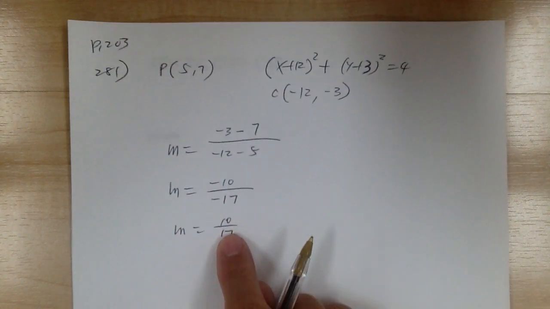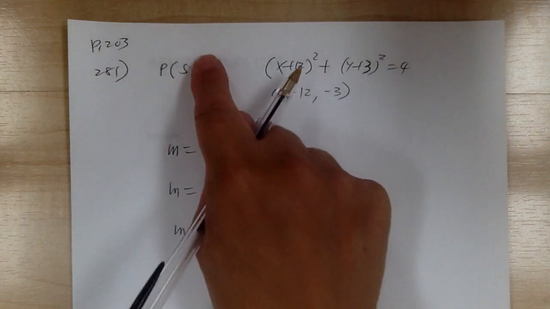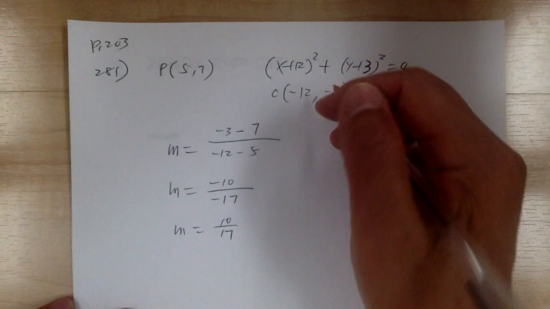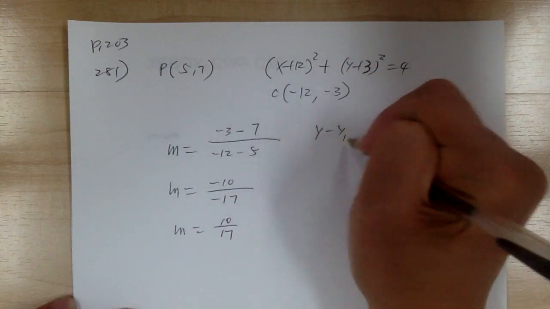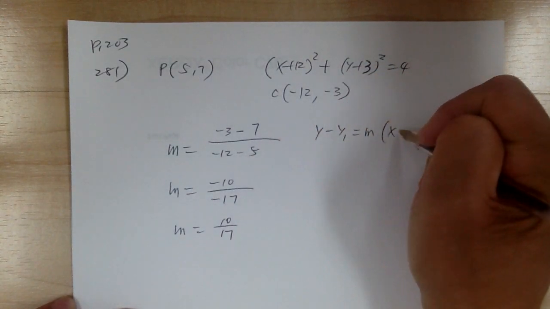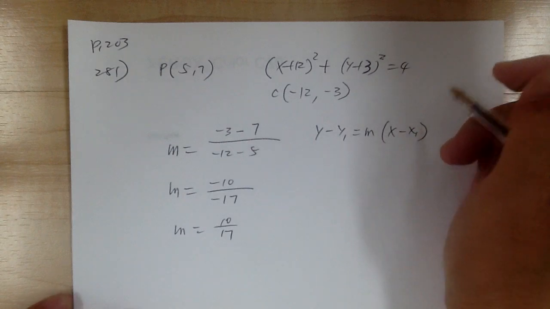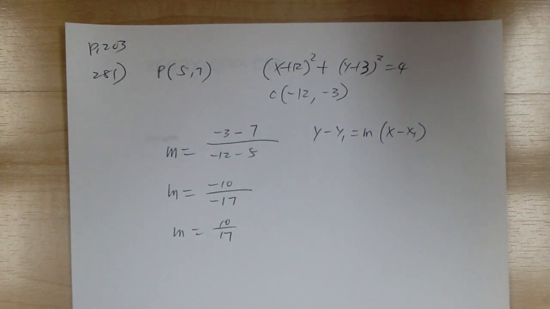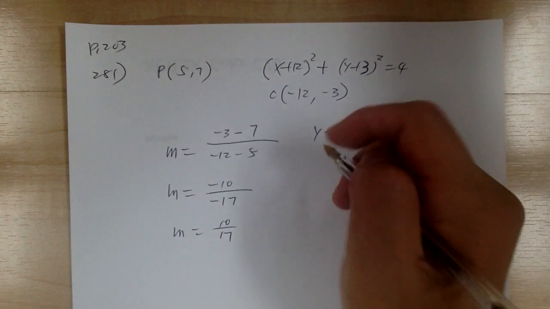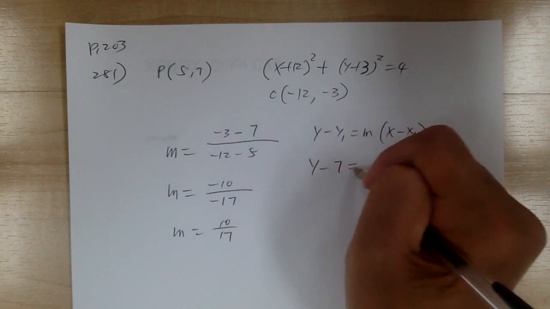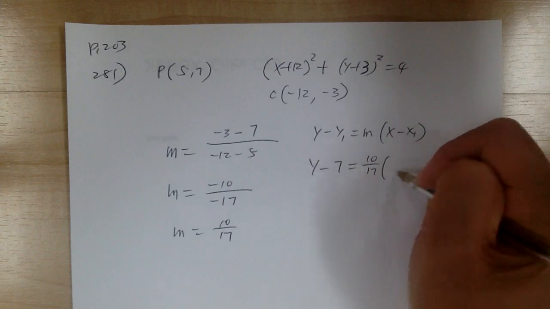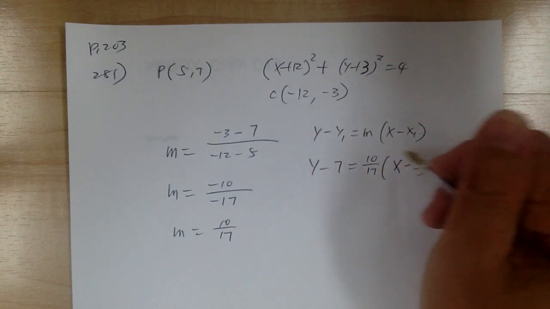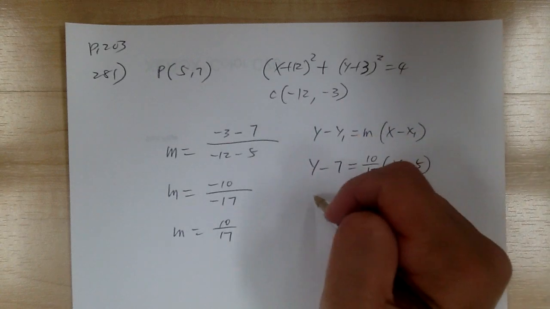Once you find the slope, then you can use the point and slope to get the equation. So you're going to get y minus y1 equal to slope times x minus x1. And again, point 1 means any point that is on the line. So you can have y minus 7 equal to 10 over 17 times x minus 5. And then you can work it out.